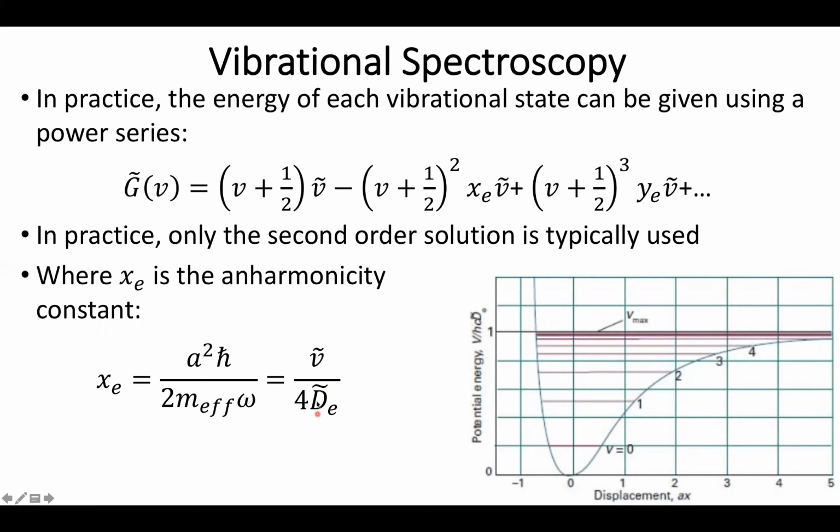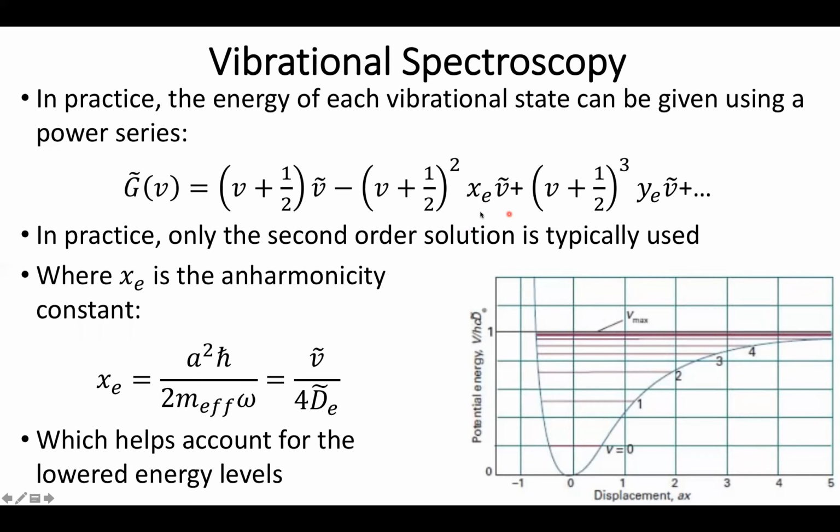So you know how deep the well is, you know the classical separation between energy levels, and you know how much you've over predicted the system. So you can lower this energy using the anharmonic correction.